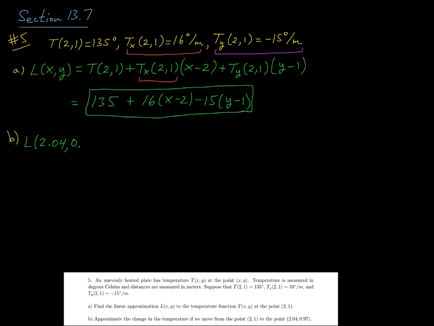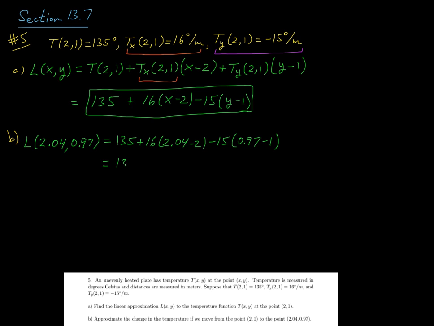And notice that this neighboring point is reasonably close to our base point of (2,1), so we're not deviating too far away. And so this is going to be 135 plus 16 times, and x is 2.04 minus 2, minus 15 times y, well, that's 0.97 minus 1. So just plugging in there.